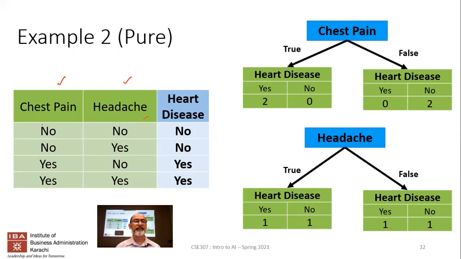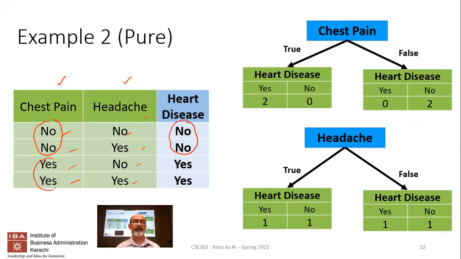So basically, I've said that there are 4 possible conditions. Let's make it simple. You have no, no; no, yes; yes, no; and yes, yes. And it's kind of obvious that headache will have no impact on heart disease. In this case, there are only 4 data points available, and they're the obvious cases so that we can understand how to do decision trees.